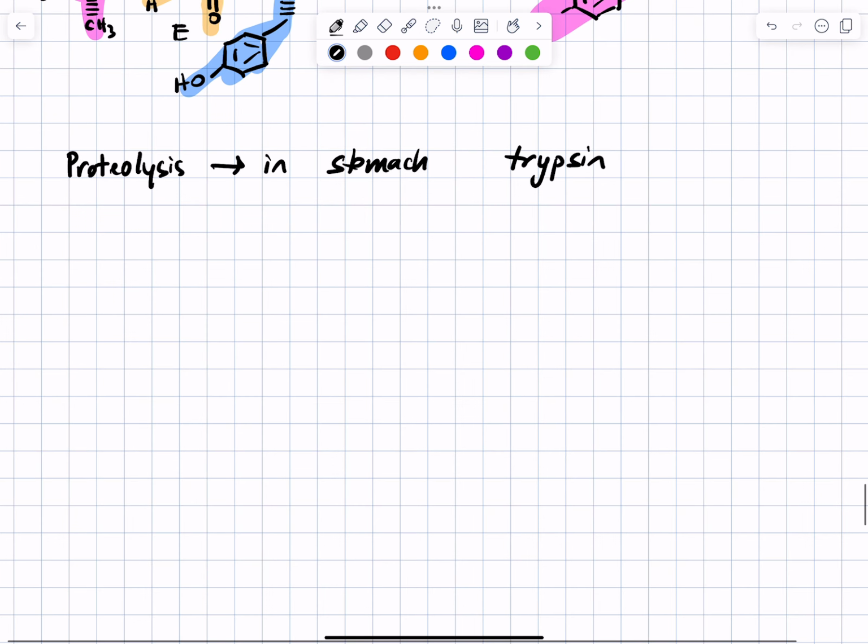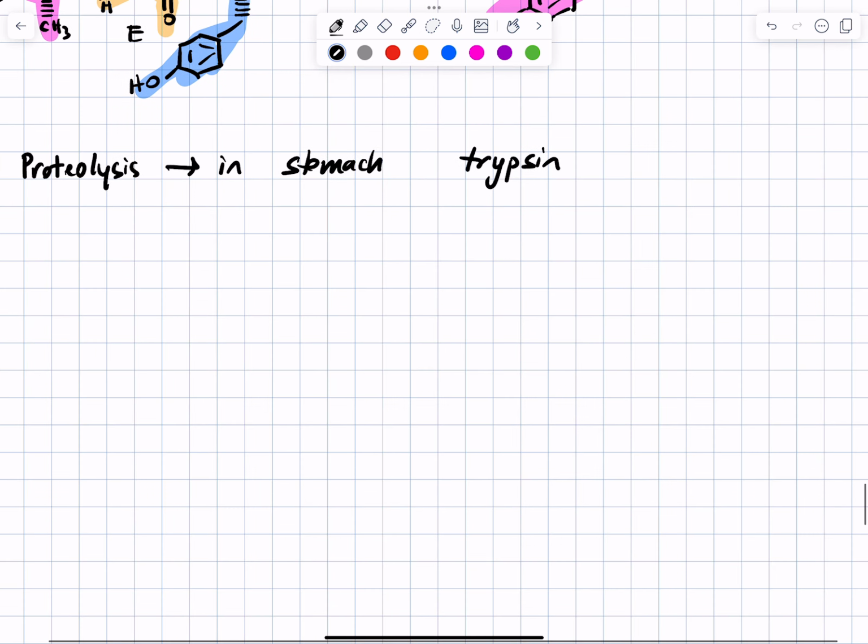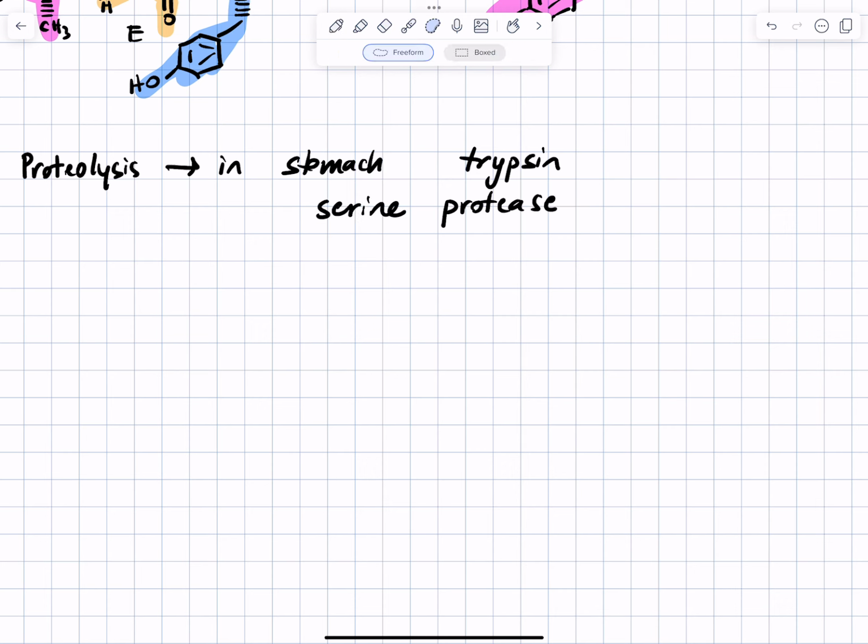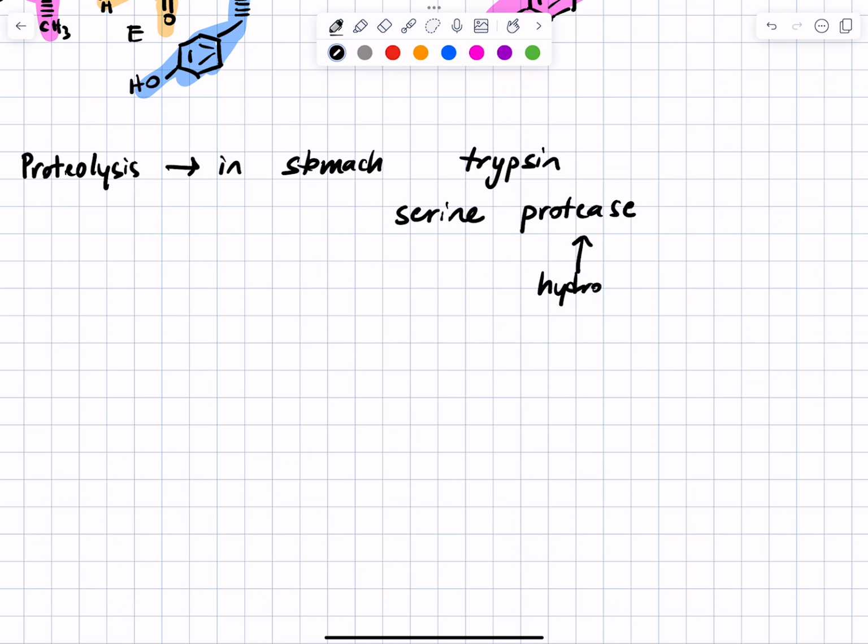And trypsin is an example of an enzyme that's called a serine protease. A protease is an enzyme that hydrolyzes amides in proteins to the corresponding carboxylate and ammonium group.